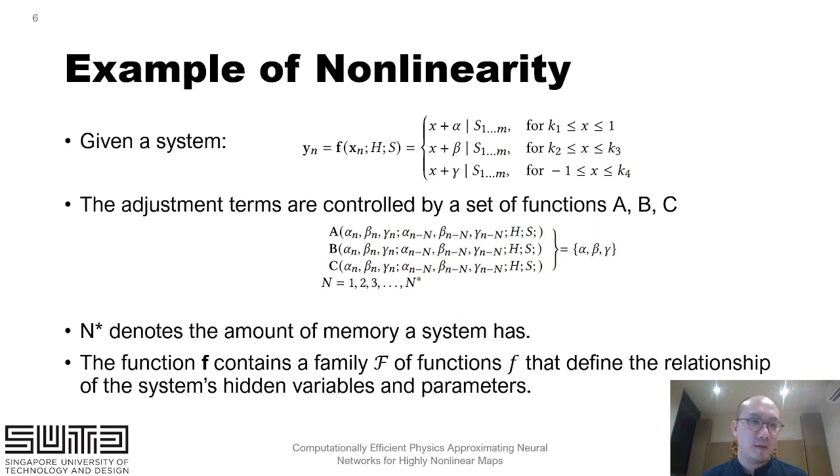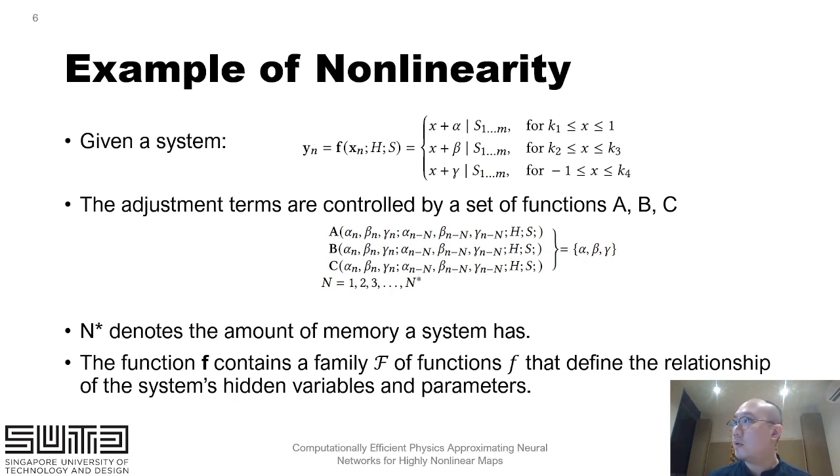So we can look at this, it's like a toy problem. Given a system, you can see over here that your function f takes in an input x of n and has some hidden parameters and hidden states and hidden variables.